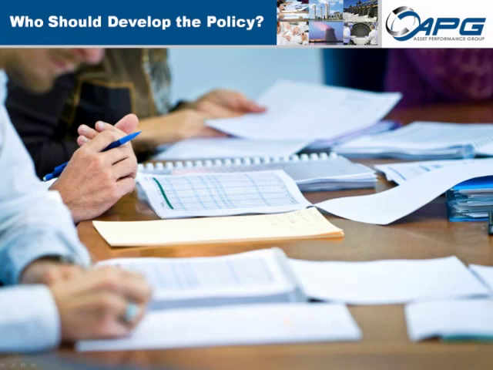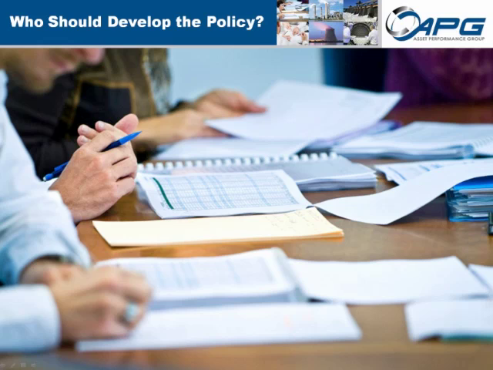So who should develop the policy? This was a really easy slide. The policy for asset management needs to be written by the senior team responsible for its implementation, at the highest level of the company that is responsible for asset management. Now, some companies have a vice president of asset management and others do not. So often the directors responsible for engineering, operations, and maintenance are tasked with its development.